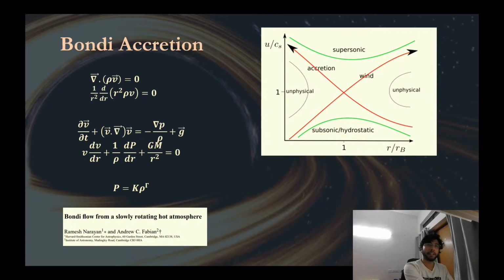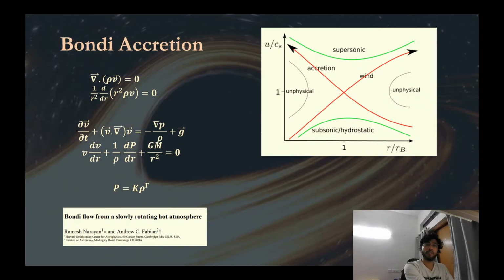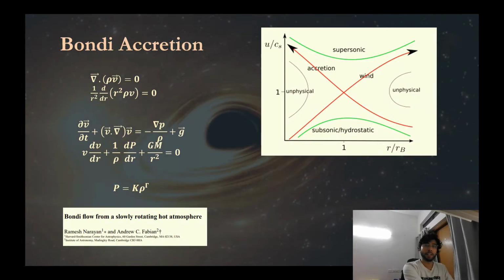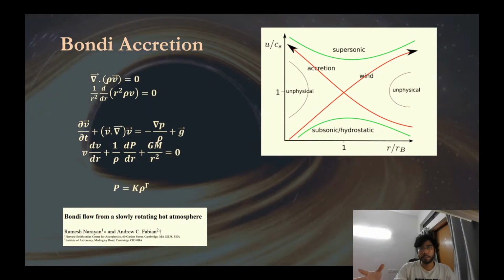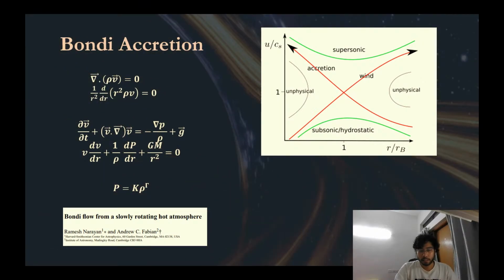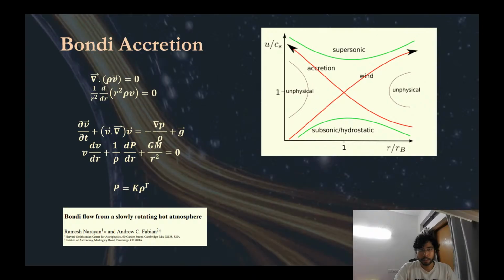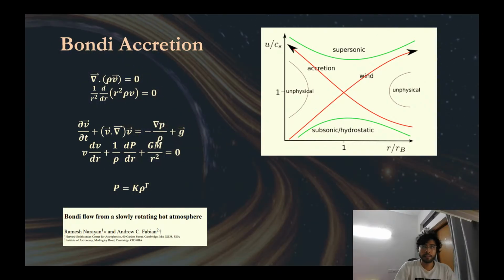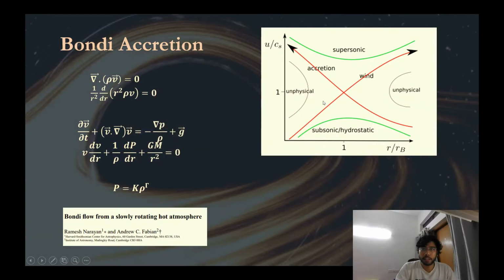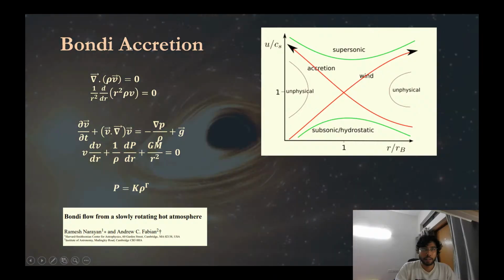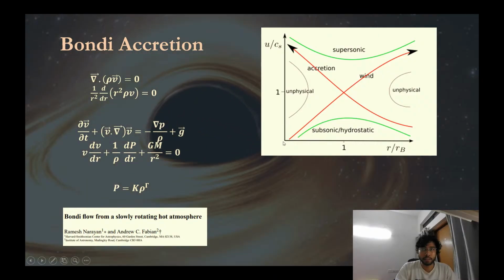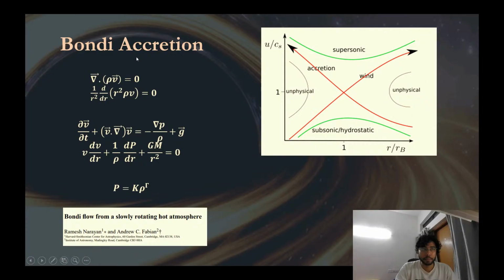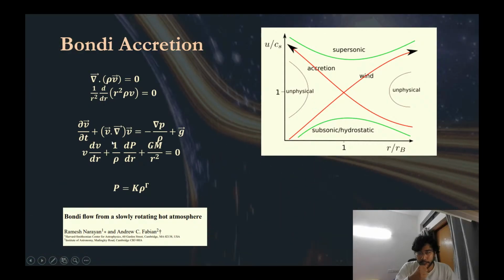Wind means matter going out from an object, whereas accretion means the matter is coming in to the object. Since wind was covered in the lecture, I thought maybe I will do the accretion part, and we can also see how the solution for the wind evolves from this accretion directly.